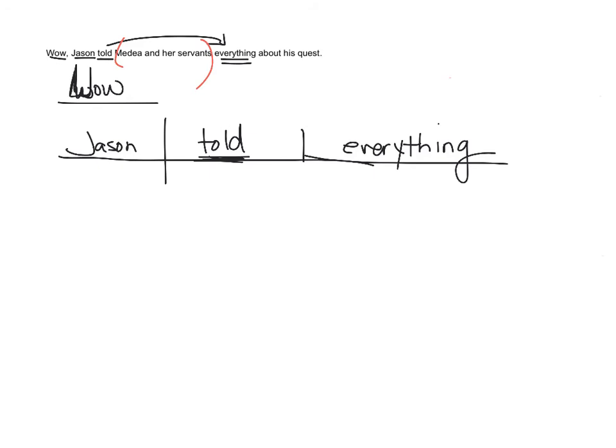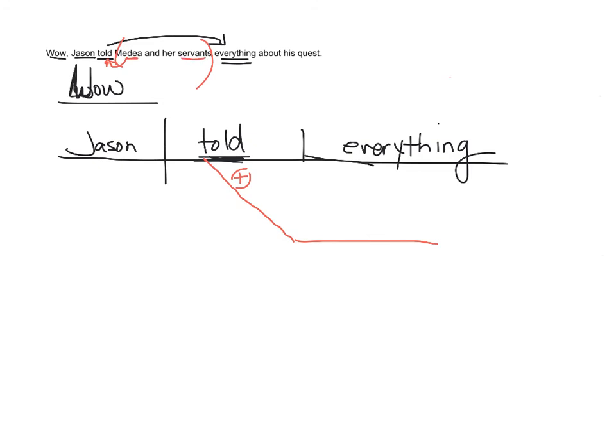Well, again, here's the trick. Wow, Jason told everything to Medea and her servants. That means this could be a preposition, which means we should have a prepositional phrase. Indirectly, this is all about the telling. It's not what's being told, but it's who it's being told to. But we don't actually have a preposition, so that's why we've got the unknown X. But I have another problem here. I don't have one person being told.